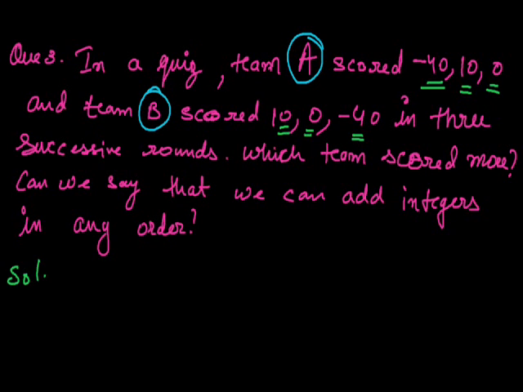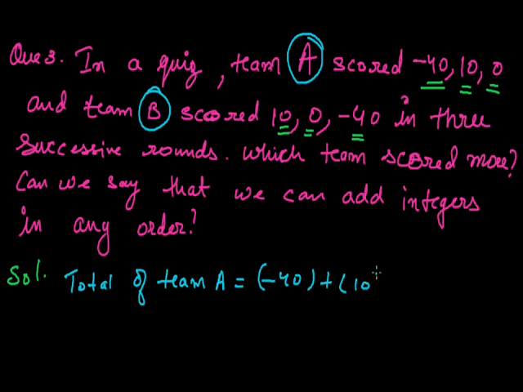So let us first calculate the score of team A. Total of team A is equal to -40 plus 10 plus 0. Now it will give you -40 plus 10, since 0 has no value, so it will give you -30. So the final score of team A is -30.